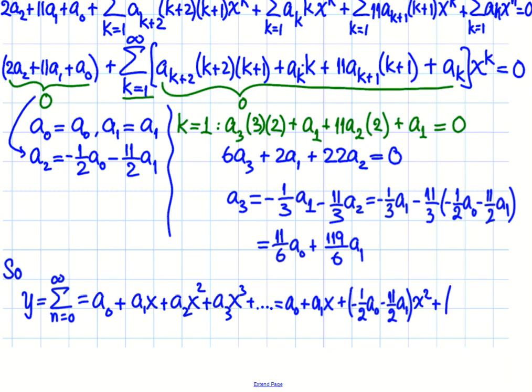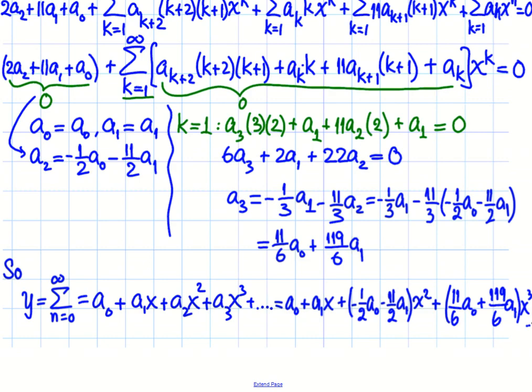And then A3 is 11 over 6 A0 plus 119 over 6 A1, and that is A3 multiplied by x cubed, and the series goes on.